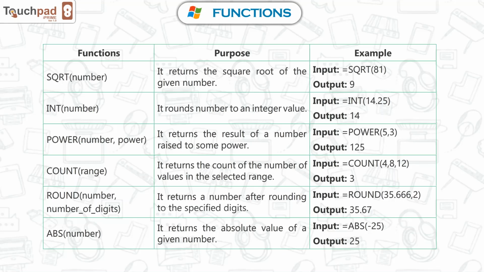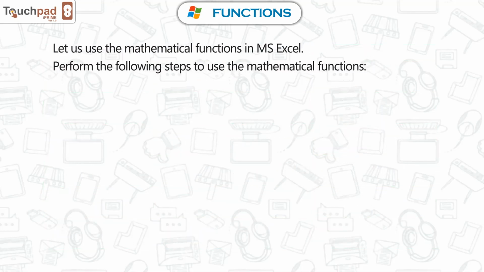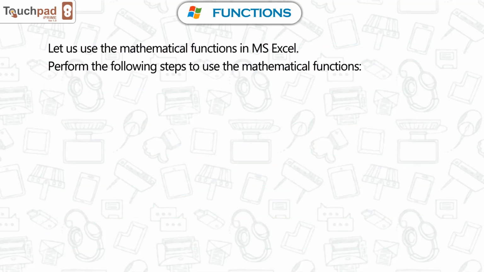Output: 35.67. ABS(number). It returns the absolute value of a given number. Input is =ABS(-25). Output: 25. Let us use the mathematical functions in MS Excel.